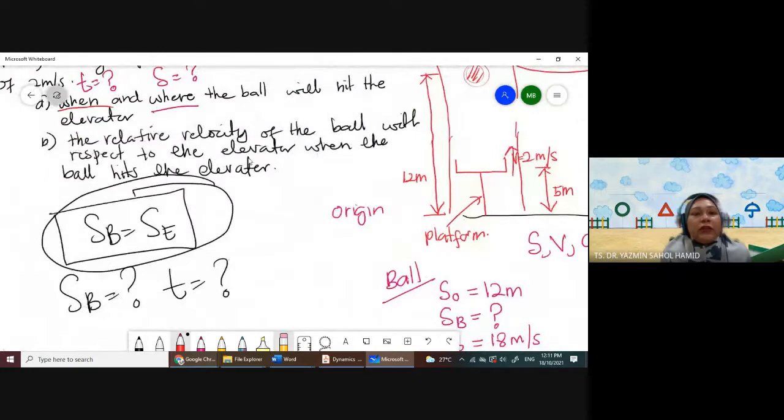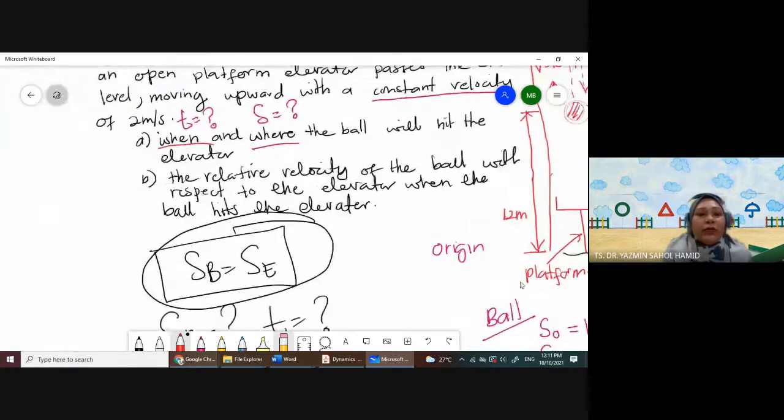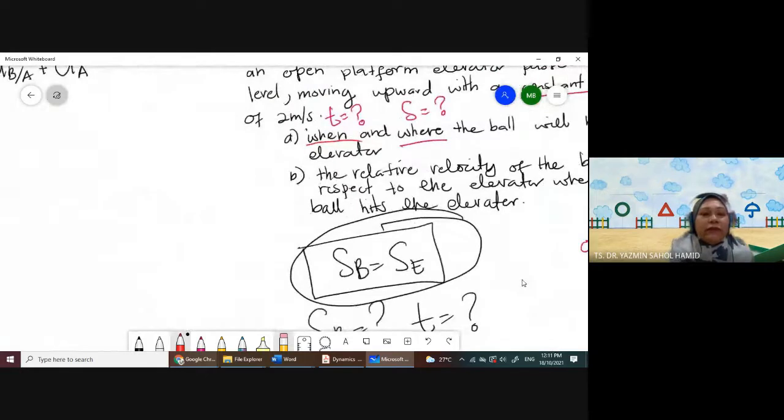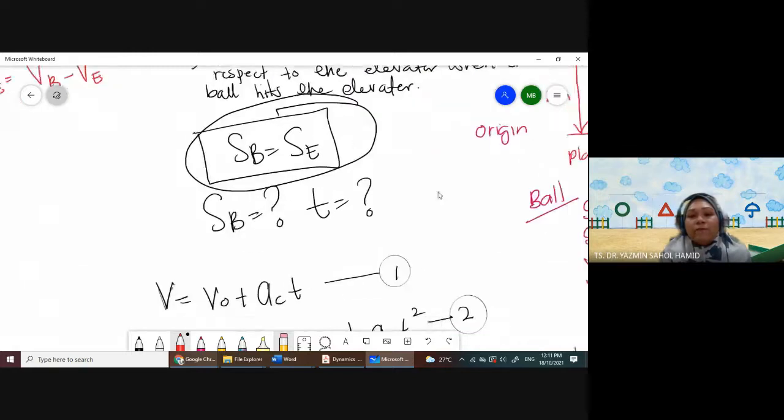The relative velocity of the ball with respect to the elevator. So what you want here is the relative velocity of the ball with respect to the elevator. So it will be VB minus VE. Okay, guys, do you have the velocity of the ball?